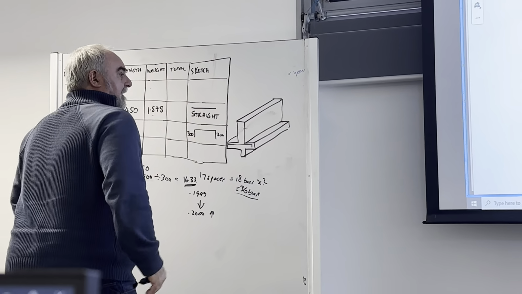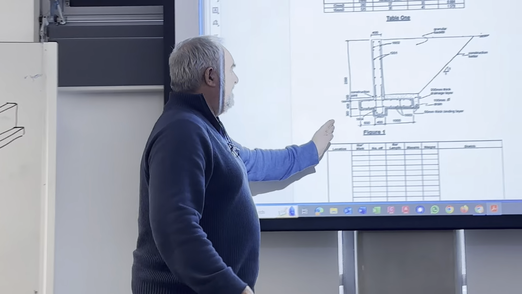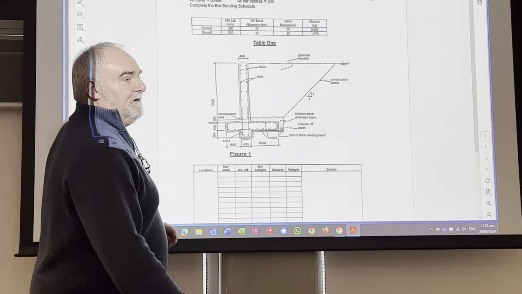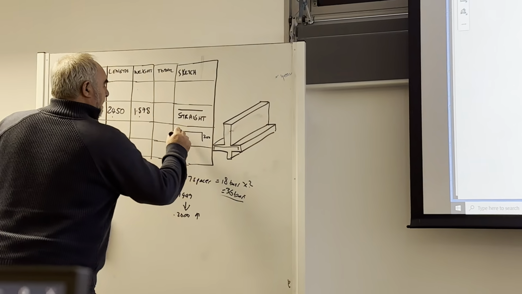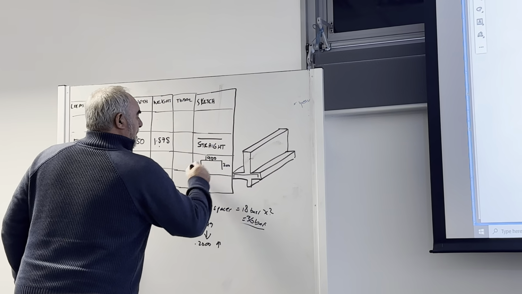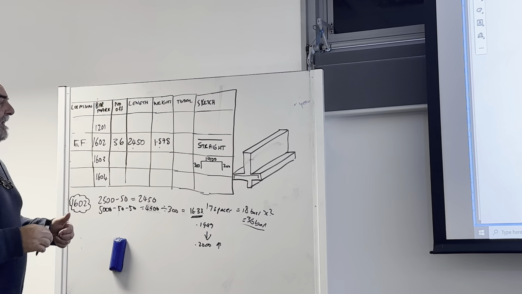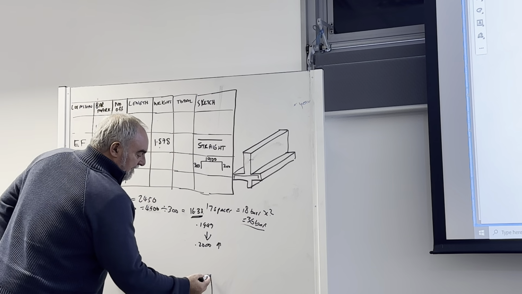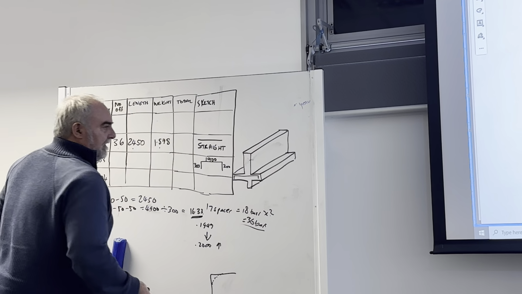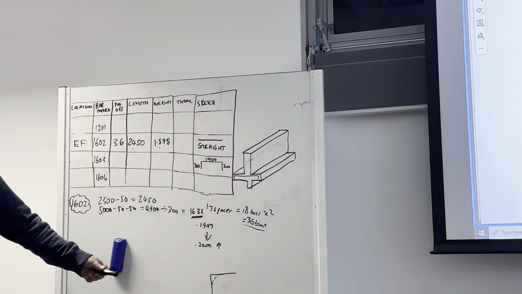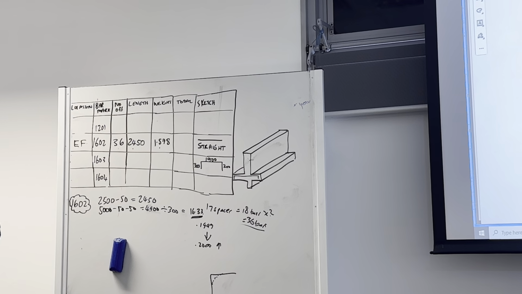That distance there is going to be 2 meters minus 50 minus 50, 1 meter 900. But the problem is we can't bend a bar so that it looks like this. We have to bend the bar so it's got a curve on it. Even the strongest man in the world can't bend it at right angles. It would be a nice curve on it.